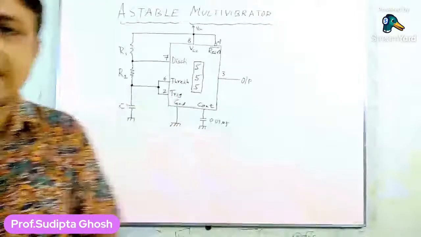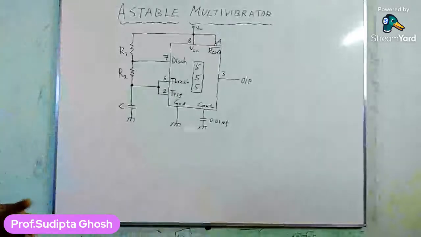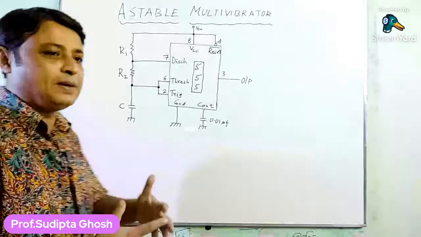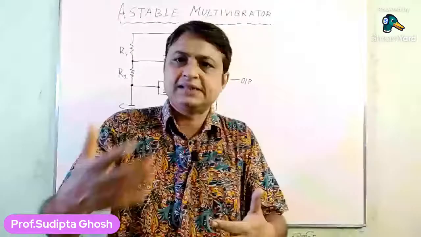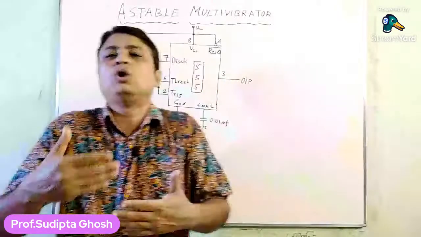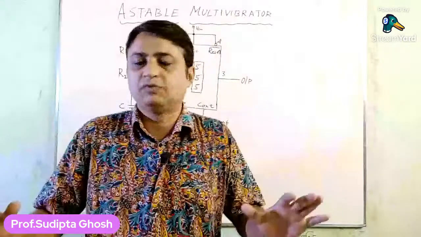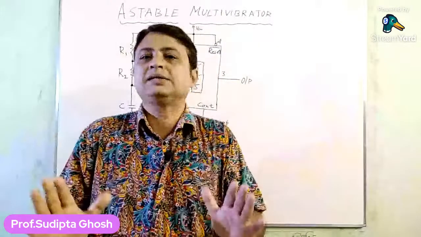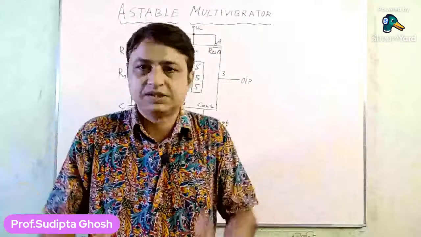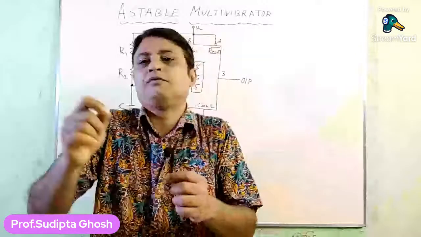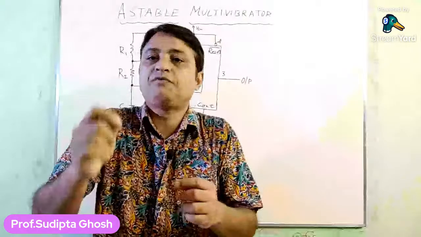What will happen? Again, case 2, or rather part 2 of this explanation. When the capacitor goes on charging, let us assume it goes on charging from the value of 0, because initially the capacitor was discharged, or had a value of 0 volts. So the capacitor will move from 0 to the value of VCC, or 5 volts.